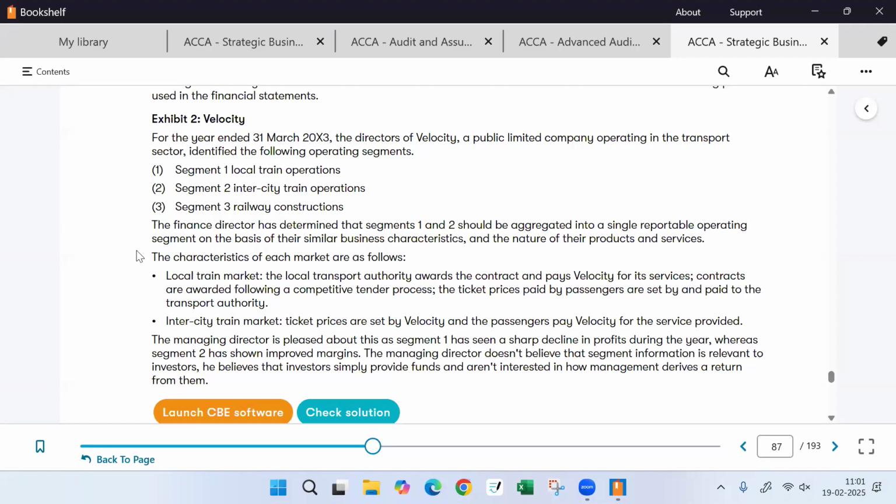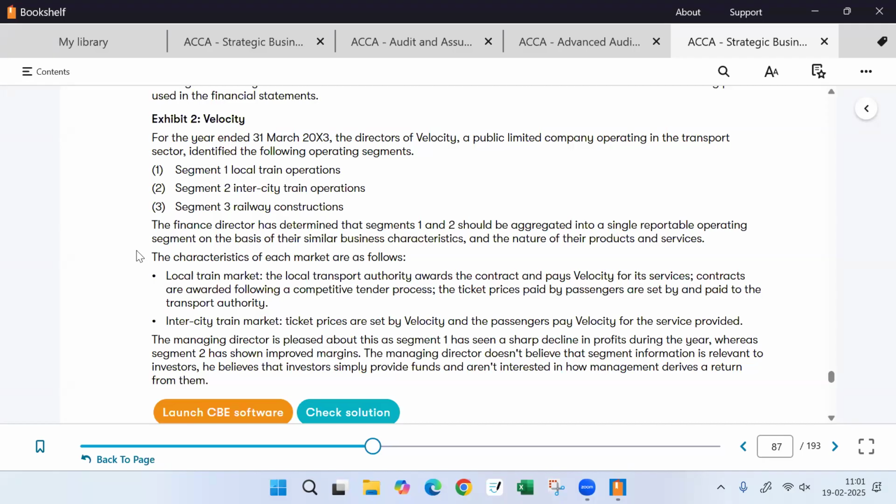Correct? Yes or no? So operating segments can be aggregated if, after applying the quantitative thresholds, no segments are found to be reportable. That sentence is very important: they can combine the segments only after applying the quantitative thresholds. What are the quantitative thresholds? 10% of revenue, 10% of net assets, 10% of profit or loss.